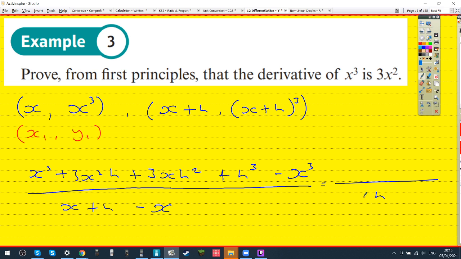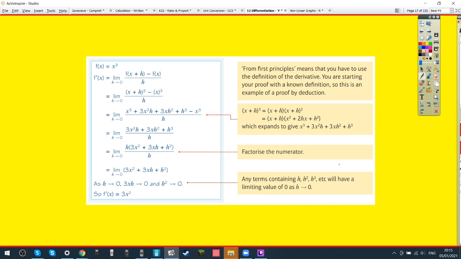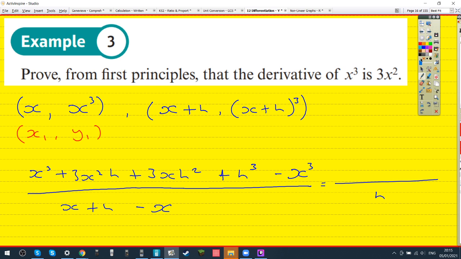Yep, you have h on the bottom. On the top, everything's the same? No, you can cancel out the x's, can't you? You're right, that's it. The x cubes cancel. And then you can divide everything by h.